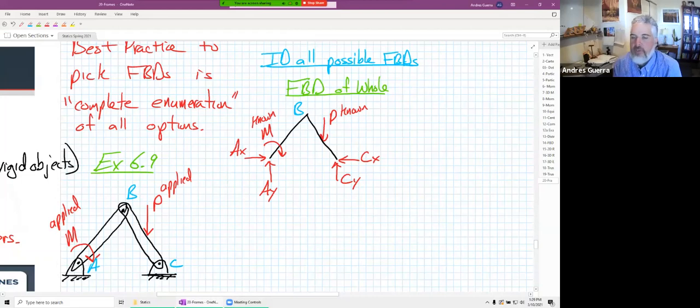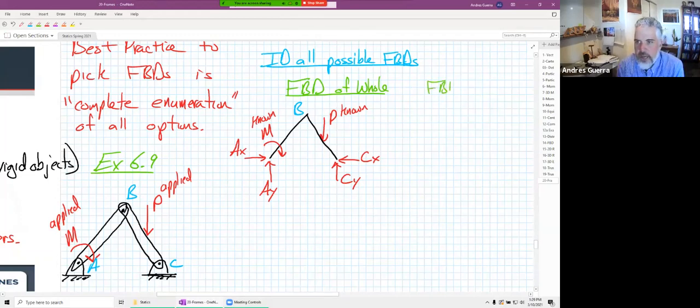We have 4 unknowns. Now, we only have 3 equations of equilibrium. If we're in 2D, we have sum of forces in the X, sum of forces in the Y, and sum of moments. We'll talk about how we solve these later. Let's continue on for now with our next FBD.